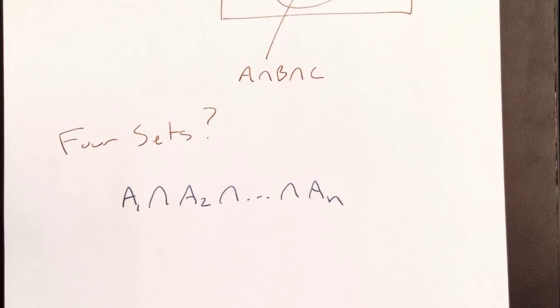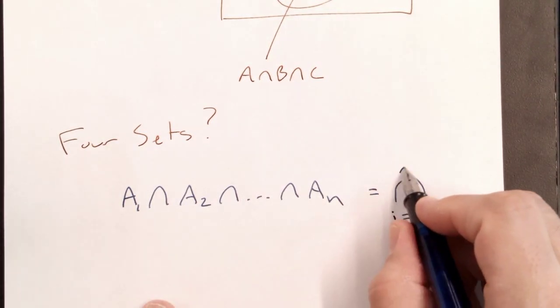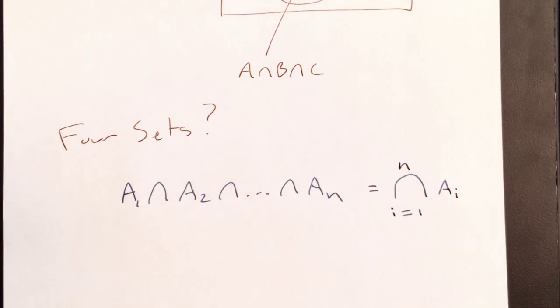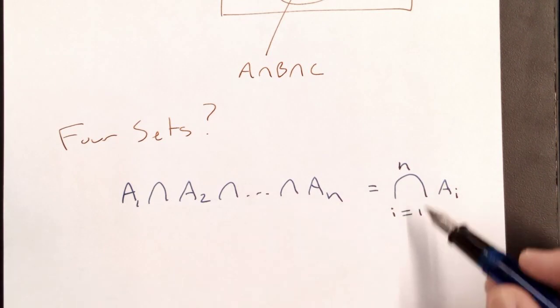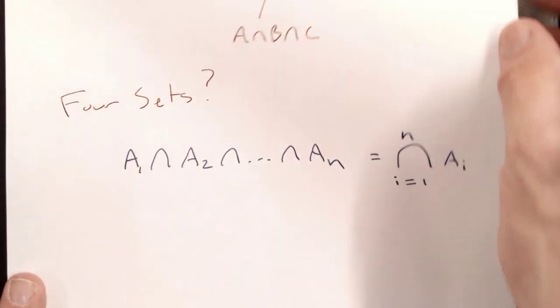Was a giant and symbol? There's my loop. Take the intersection, A1, intersect with A2, intersect with A3. Just keep counting from 1 to N. You want a union? Do it the same way.